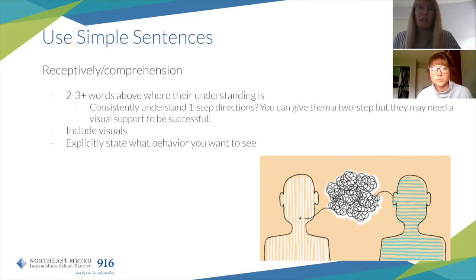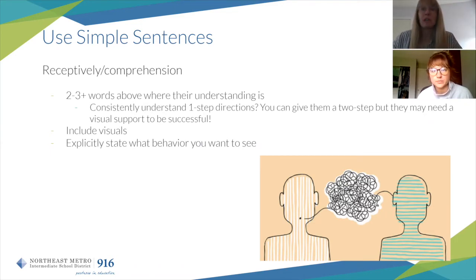Something that's important to support our students' comprehension that we've already talked about is including visuals. So making sure that when you're giving your student tasks or things that they need to comprehend, if it's a more complex task or comprehension, that we're including a visual support so that the student can do it independently.